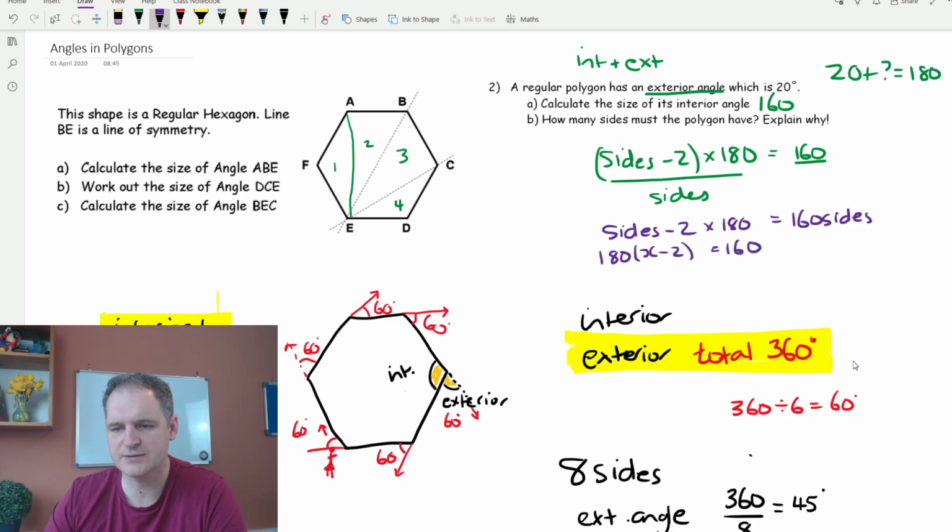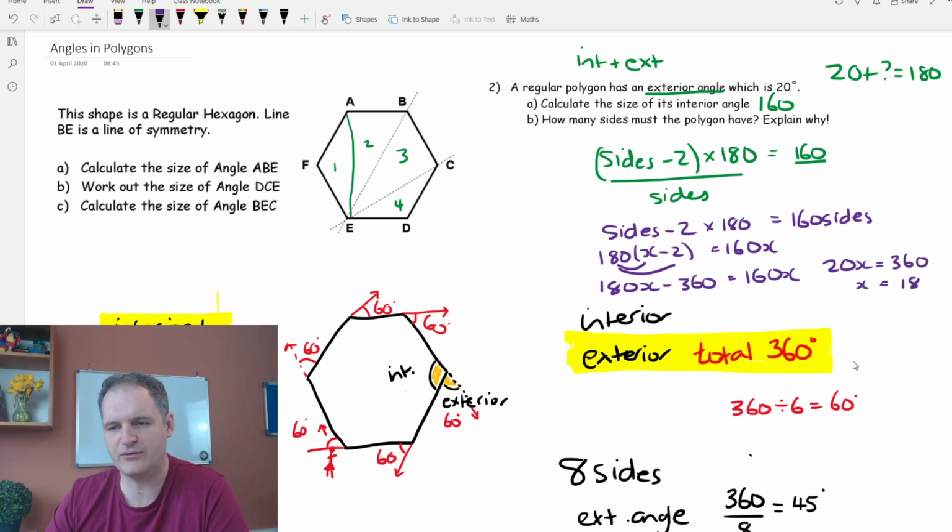Expand our brackets: 180x minus 360 equals 160x. And so we take away and add, so we've now got 20x equals 360, x equals 18.